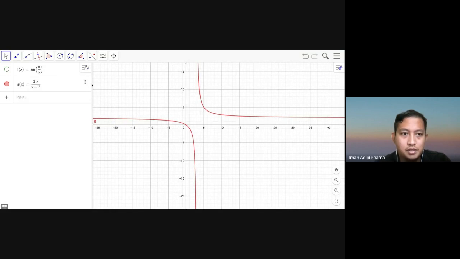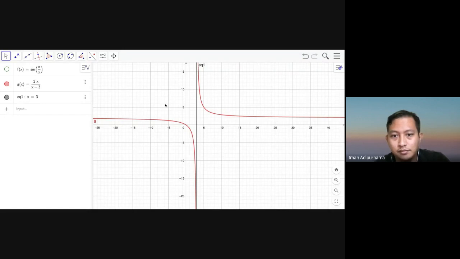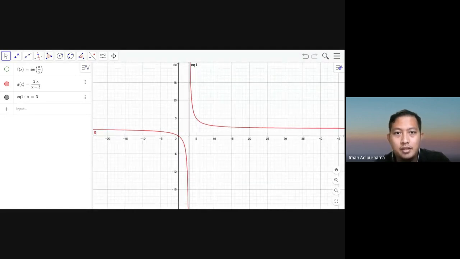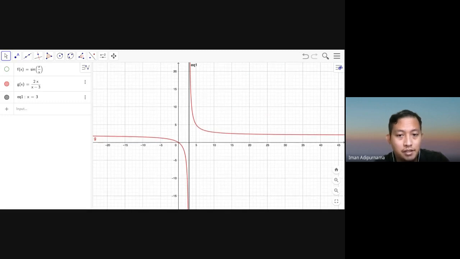And of course, at x equal 3, there will be a line, right? Let me write x equal 3. Okay, that will be the asymptote, right? So from the right, it will go through positive infinity. From the left, it's going down, negative infinity.